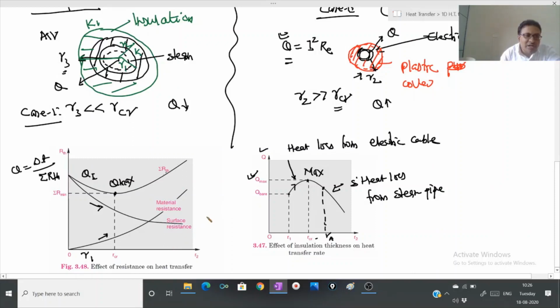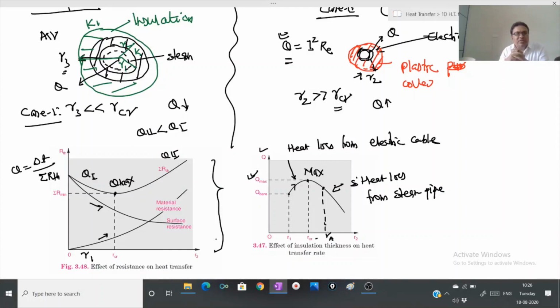So beyond the critical radius of insulation, heat transfer rate decreases. So Q2 will be less than Q1. So this way I can understand the effect of thermal resistance on critical radius of insulation.